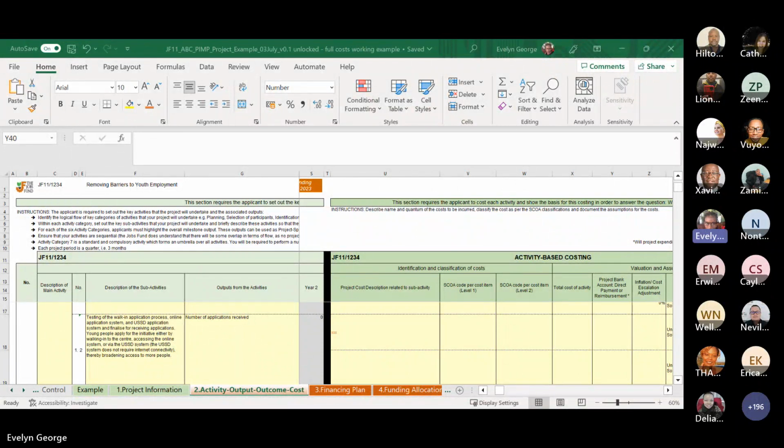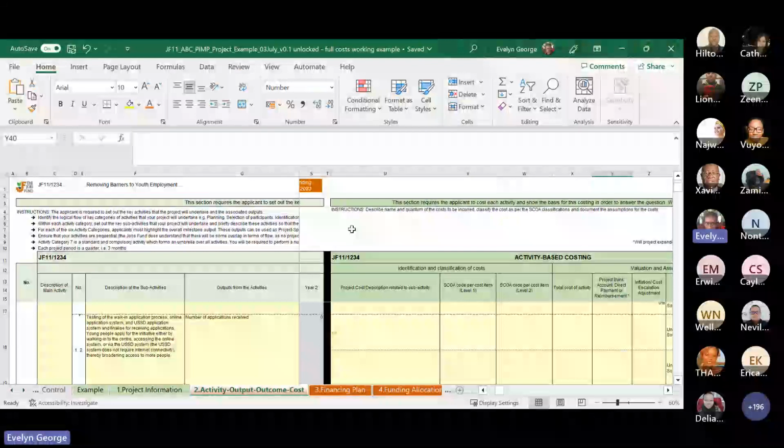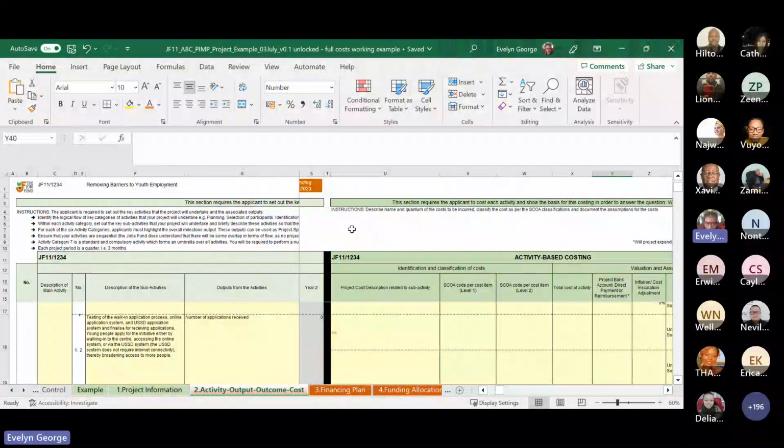Okay, so I'll continue. Thank you once again. We wanted to approach this by working from the example as Zamile has taken us through, that was worked through in the previous engagement on the PIMP.